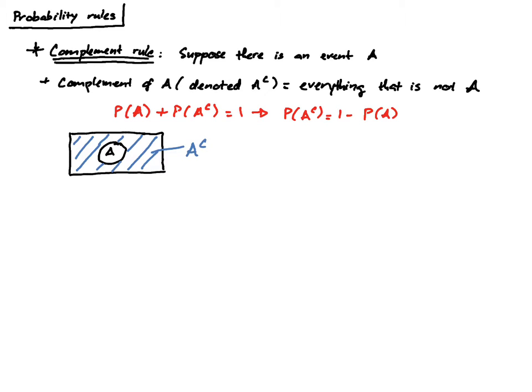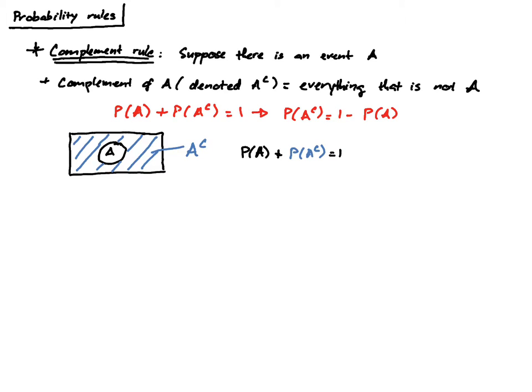Now it's obvious if you think about the Venn diagram as representing probabilities, then the circle is P(A), right? And then the area outside of the circle is P of the complement, and they have to add up to 1. So that's where the identity comes from.